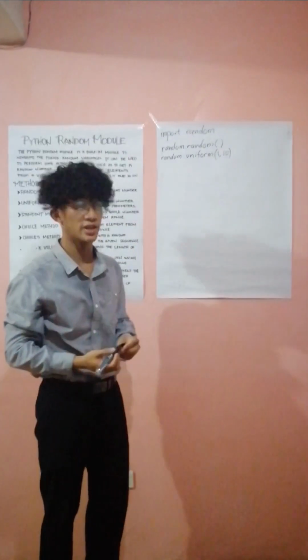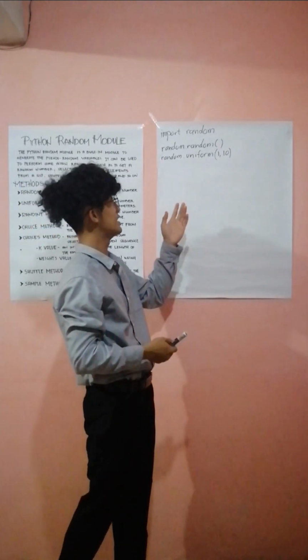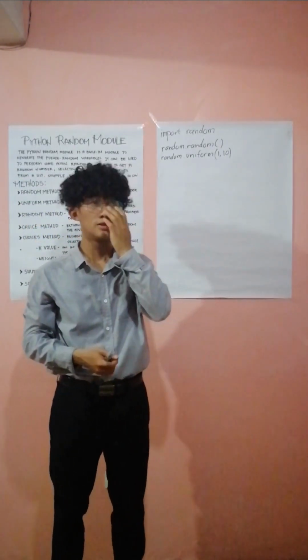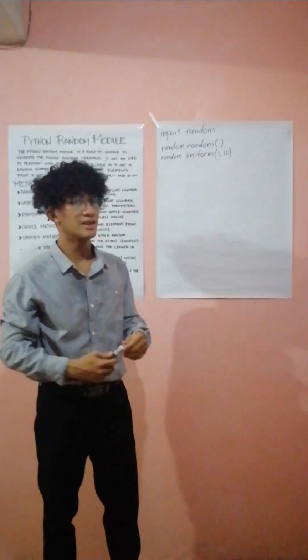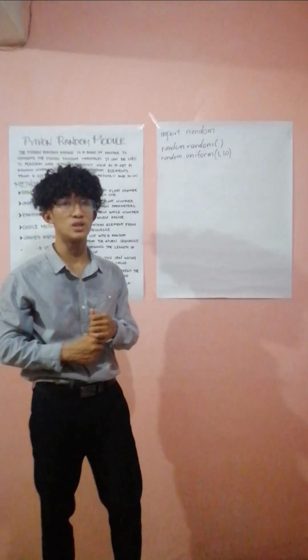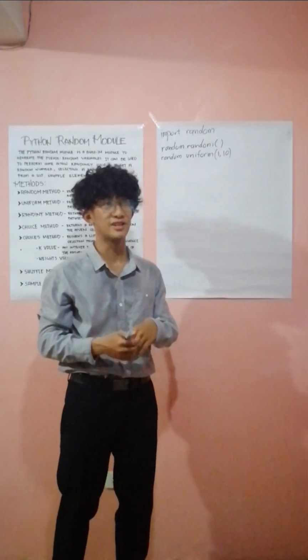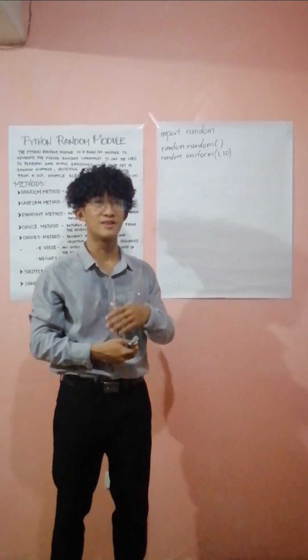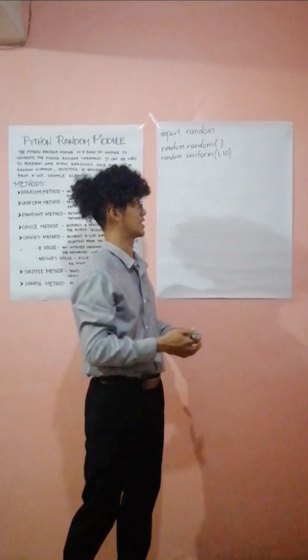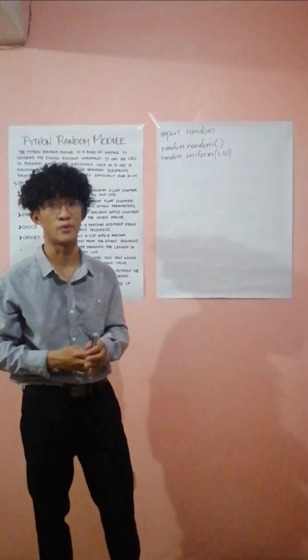For my example here, I write random.uniform(1, 10). So if I print that, the system will give me a float number between 1 and 10. So it can be 5.544, it can be 6 point something, 7 point something, 4 point something, like that. So that's how the uniform method works.